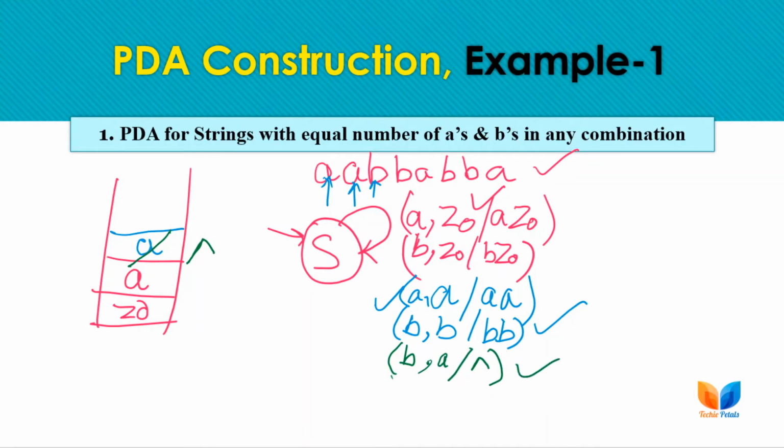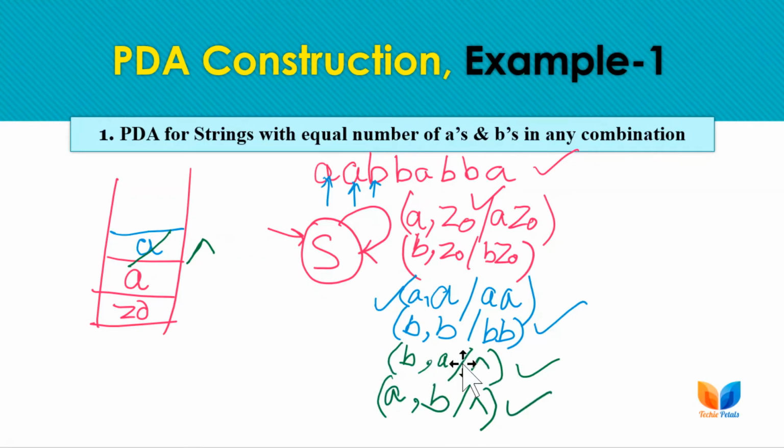In the same way, if the input symbol was A and the stack top is B, then also we will perform a pop operation. If we have this combination, as we had for B and A, now with A and B, then we perform the same pop operation.